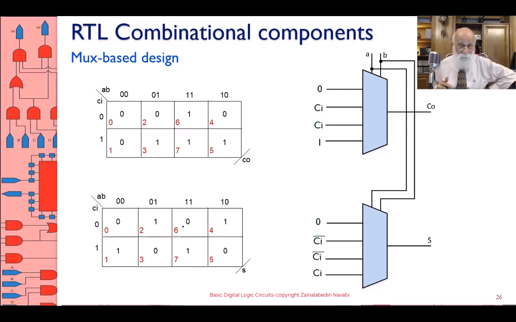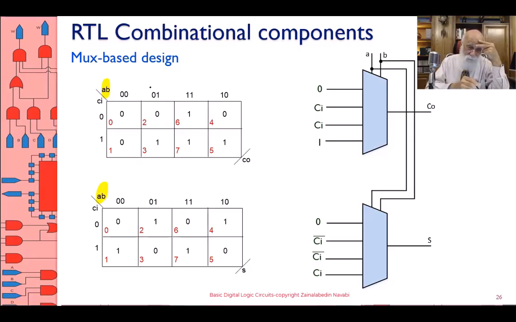So what I do is I take this 3-variable Karnaugh map, the one on the left-hand side. The vertical variables are A and B, and this one, the same thing. So let's read the Karnaugh map.